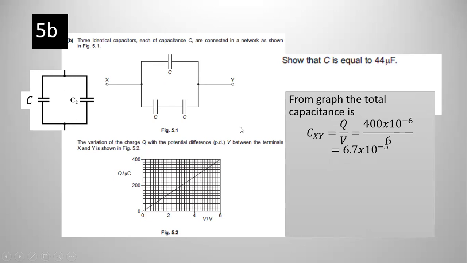Parallel, you just add them up. So C2 is C over 2, these two. Then CXY is C plus this half C, is 1.5 C. And calculate it out.